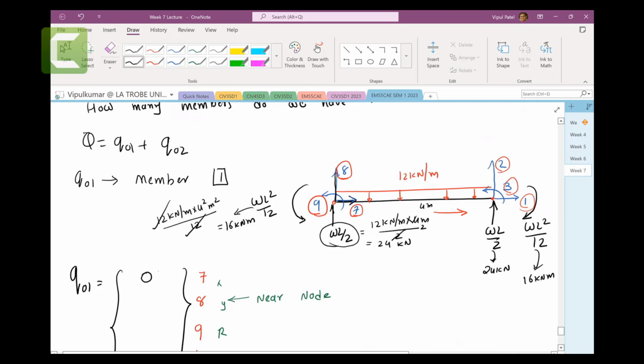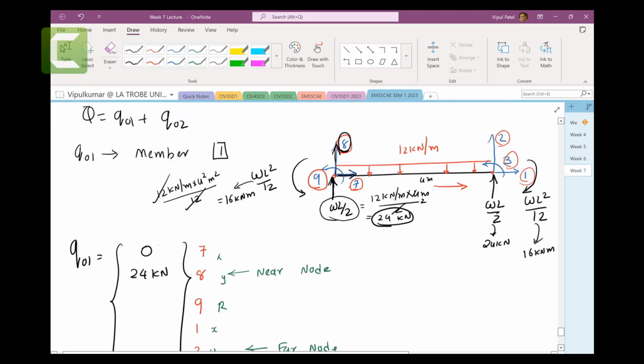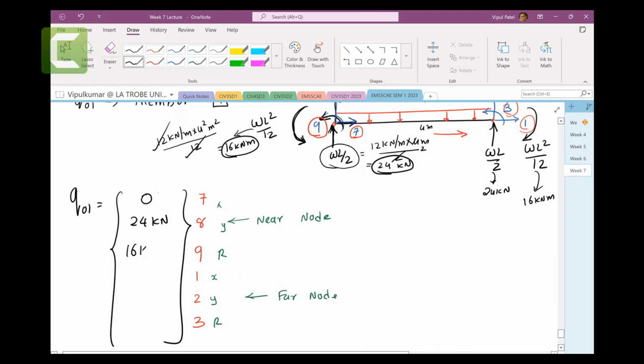Look at 8, the arrow going up. The force is 24 kilonewtons, both going in the same direction, so positive is going up. Number 9, look at the arrow going this way. For these ones, WL squared on 12, both going in the same direction, and the value is 16 kilonewton meters.